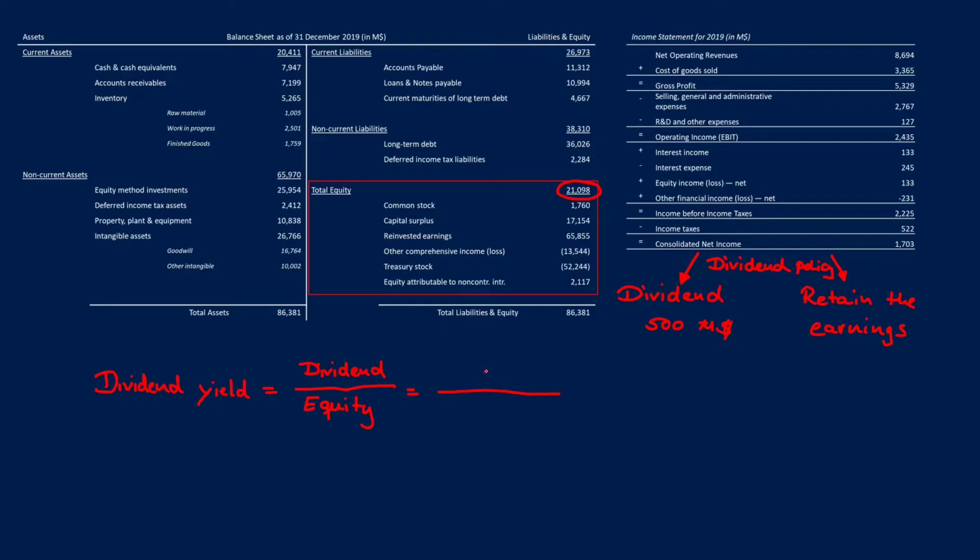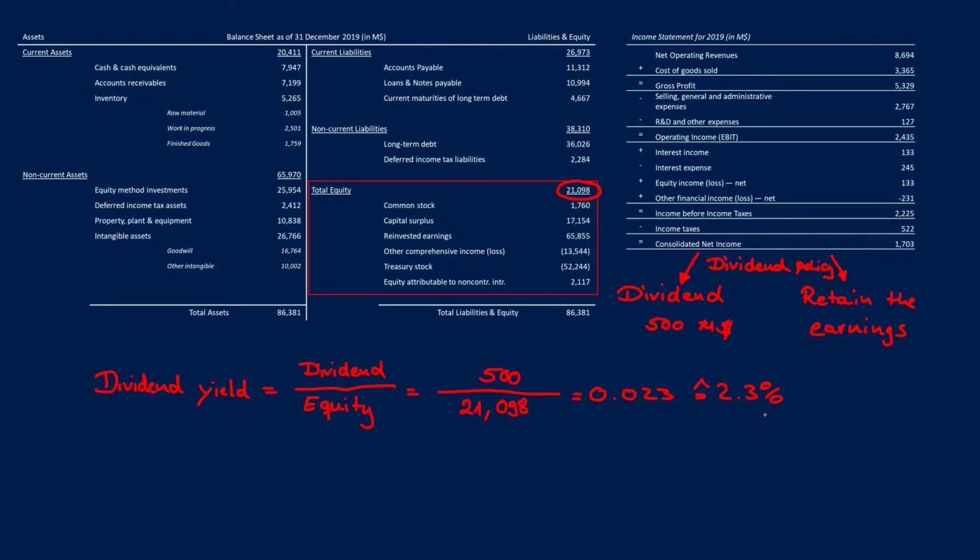So we have to divide 500 by 21,098. I just grabbed the pocket calculator. That is 0.023, or equivalently 2.3%.